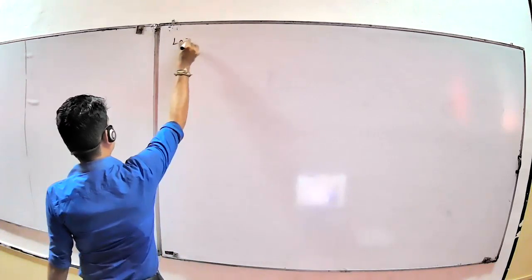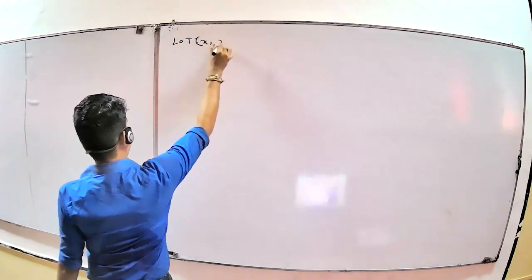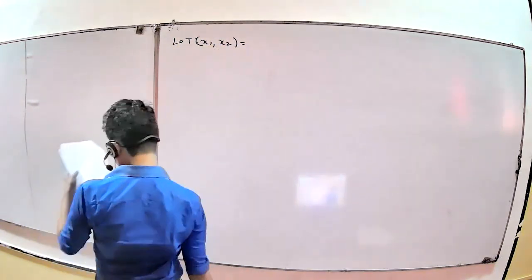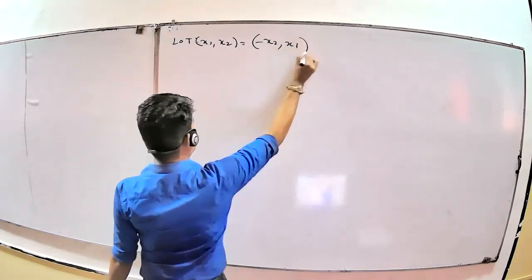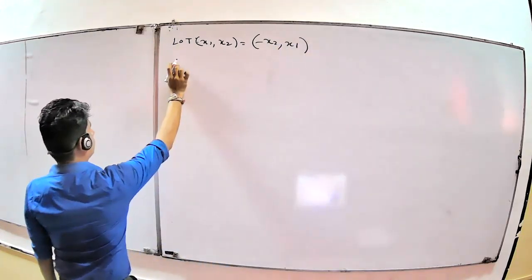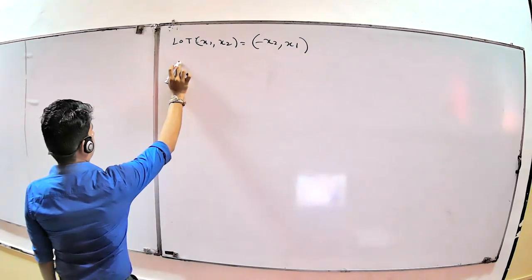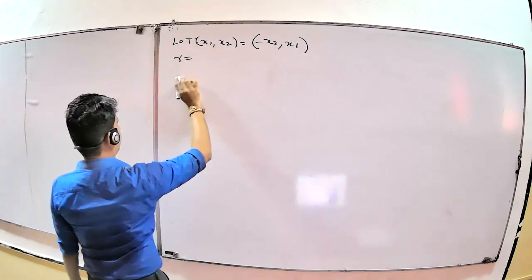Your L composition T mapping: L composition T of x1, x2 equals minus x2, x1, no? Here also you can take your ordered basis, E squared, both the same, gamma gamma.